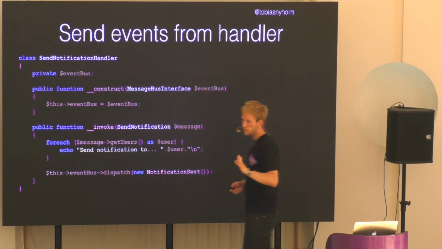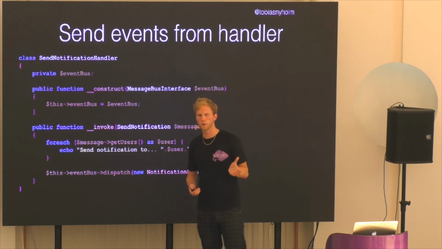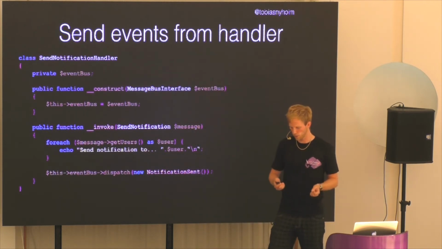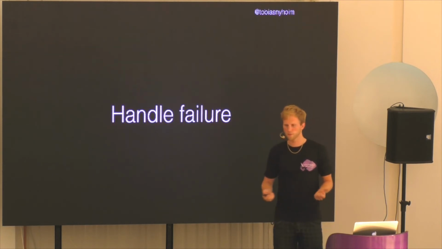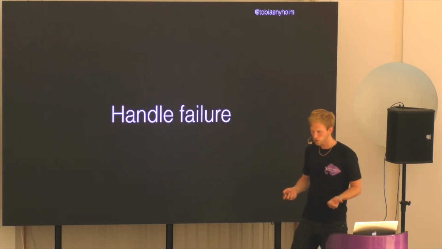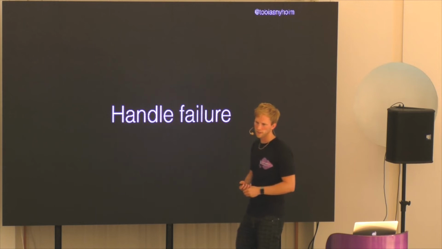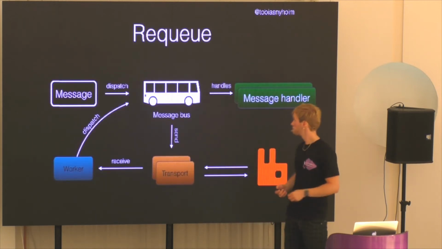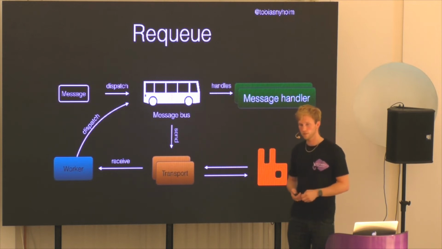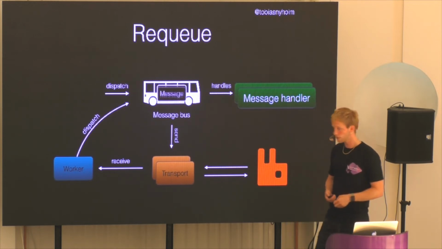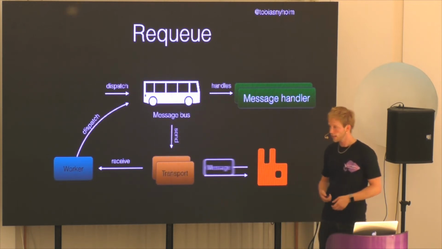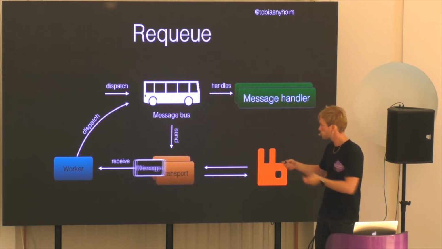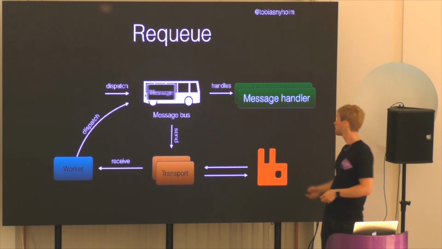I'm going to talk about something that's more relevant, or something that doesn't really get mentioned much when doing Hello World. It's about failures. Because your code will eventually fail somehow. Say that you have a message that goes on the bus, dispatches to transport, and then goes to RabbitMQ, and at some point it goes back to transport, the worker receives it and dispatches again, and it goes to the message handler.